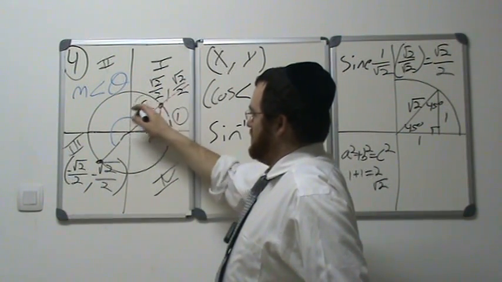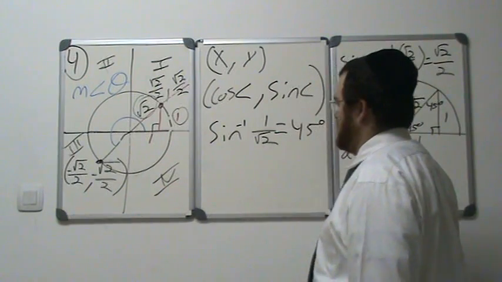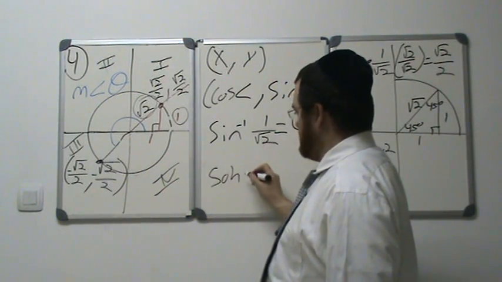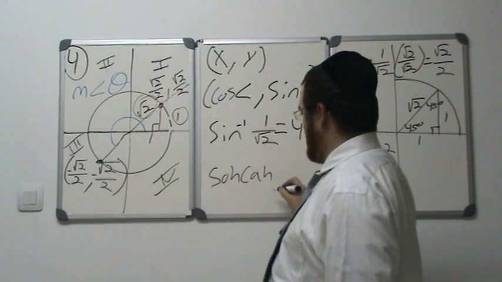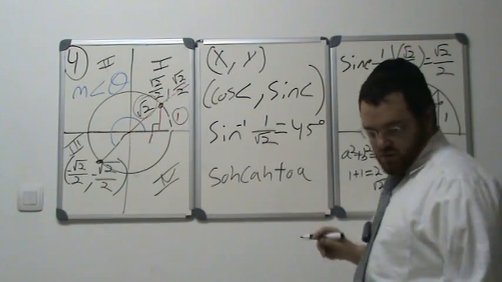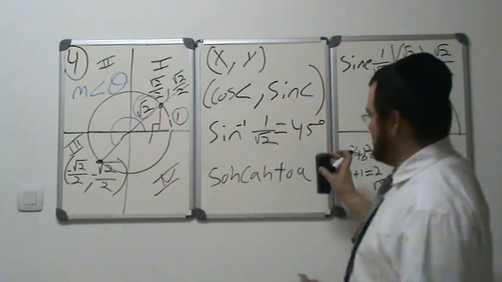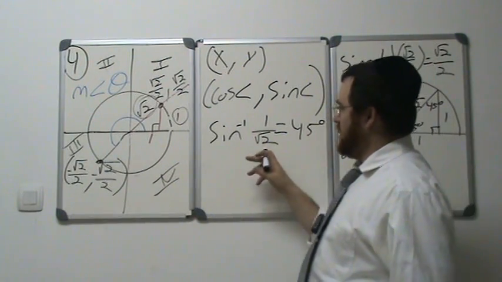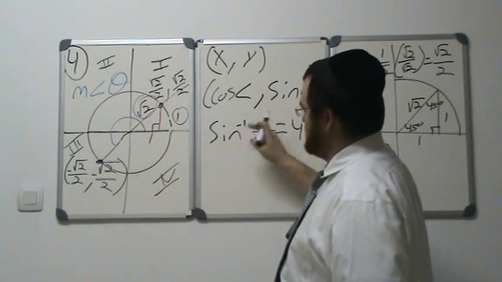From SOHCAHTOA, sine is opposite over hypotenuse, cosine is adjacent over hypotenuse, and tangent is opposite over adjacent. We're doing the sine, not tangent, over here.